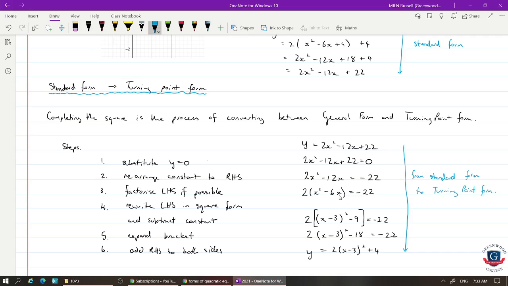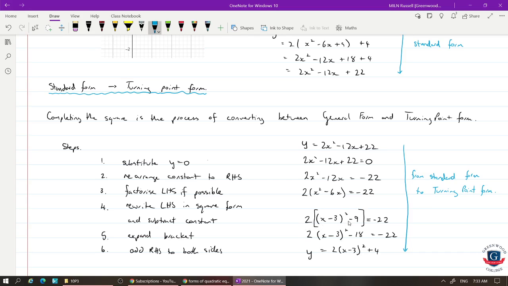Take the coefficient of x, and halve it. Rewrite this part of the equation like this, and then take the square of this value and subtract it. So the square of negative 3 is 9, subtract 9. Now multiply out this square bracket.